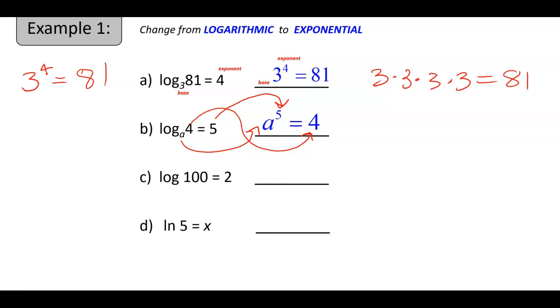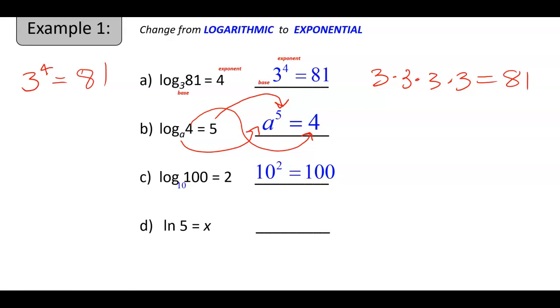That's the tricky part. Now, if this just says log, what is the implied base? 10. Very good. So it's going to be 10 to what power? 10 to the power 2 equals 100. What about ln, natural log?